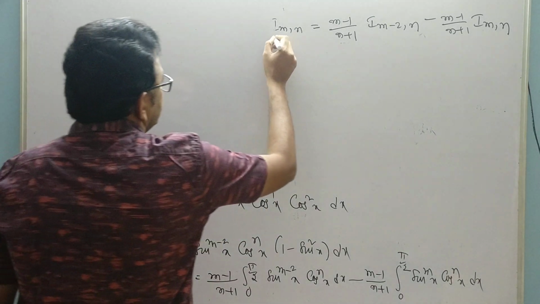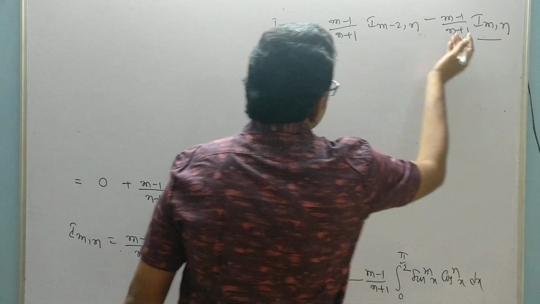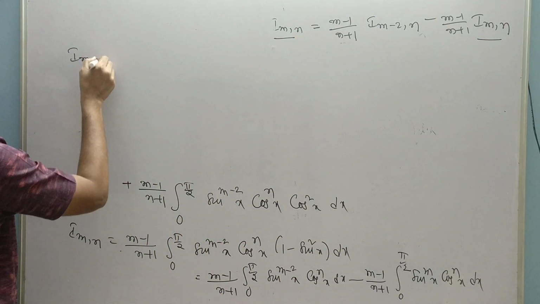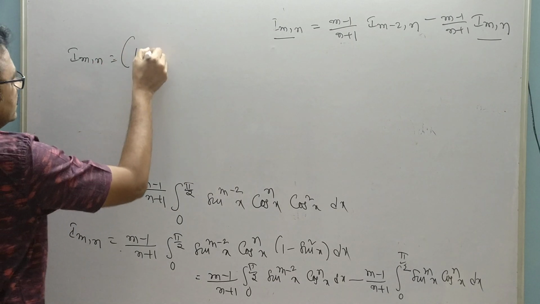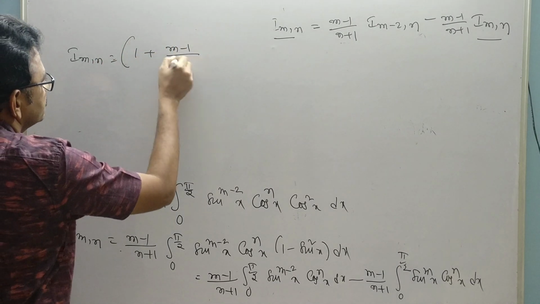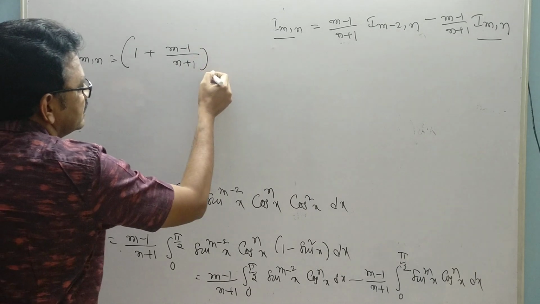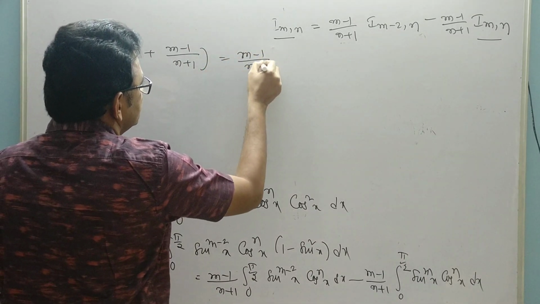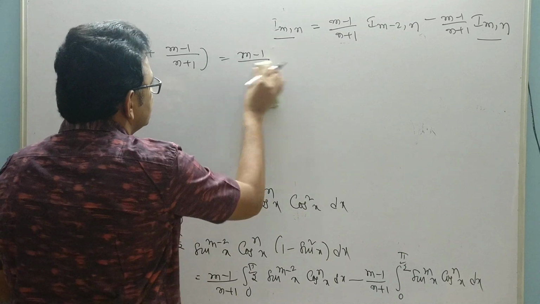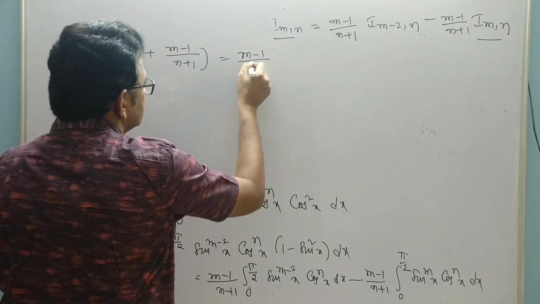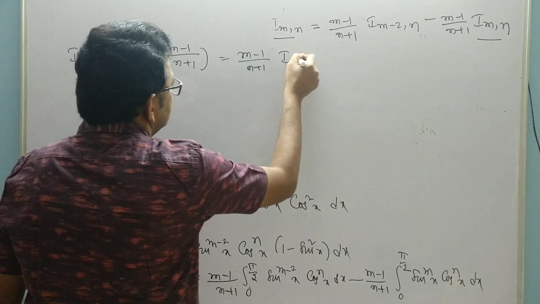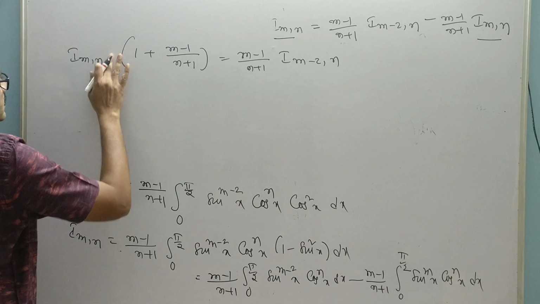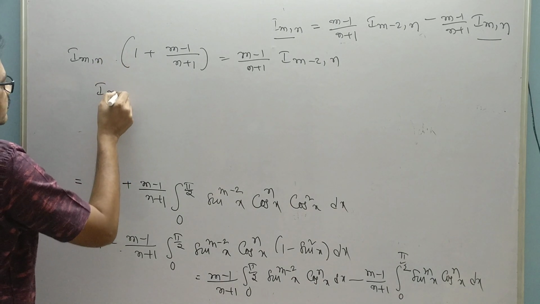So I(m,n): if you take this to one side, I(m,n) is taken common. 1 plus m minus 1 by n plus 1 is equal to m minus 1 by n plus 1 into I(m-2,n).